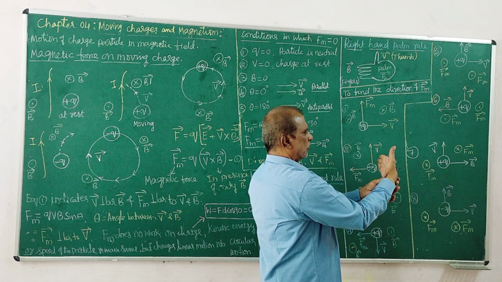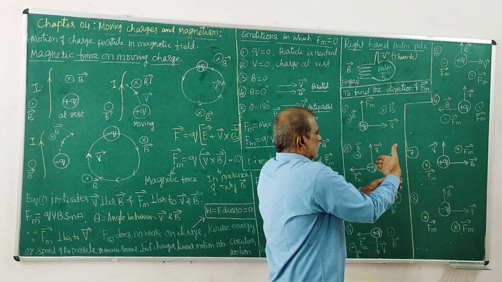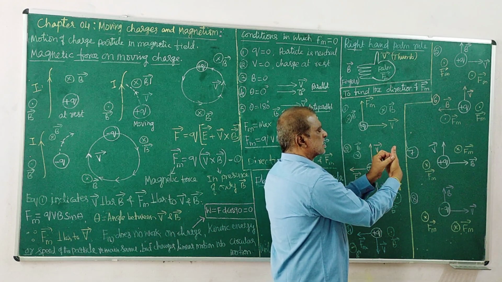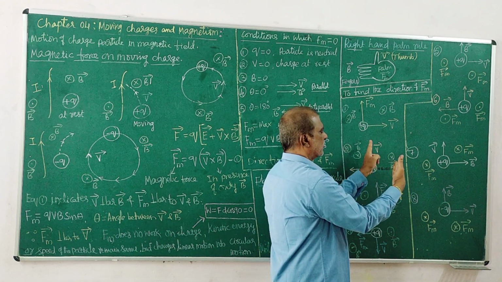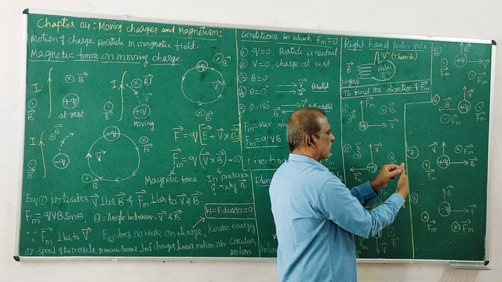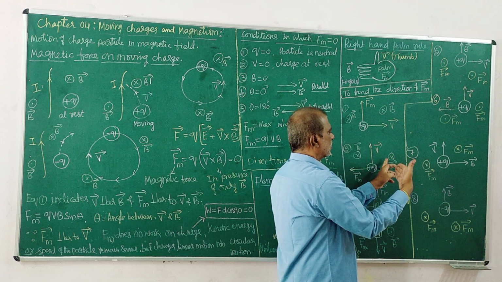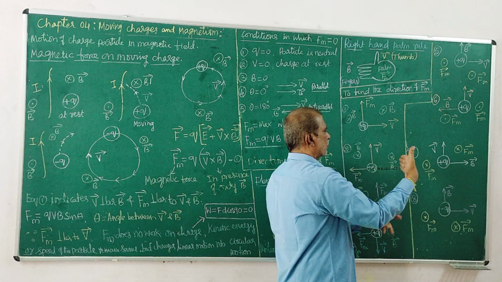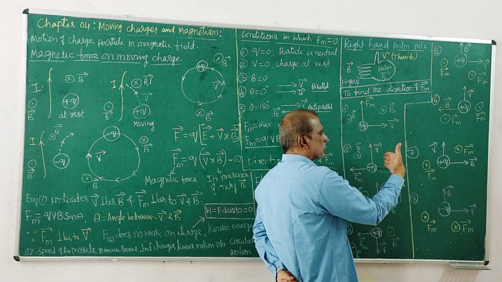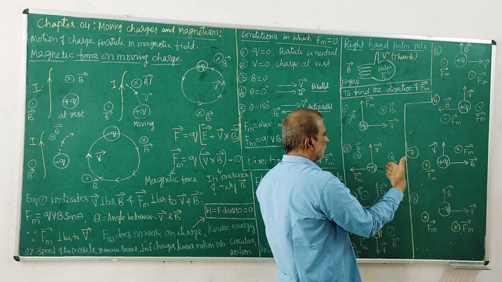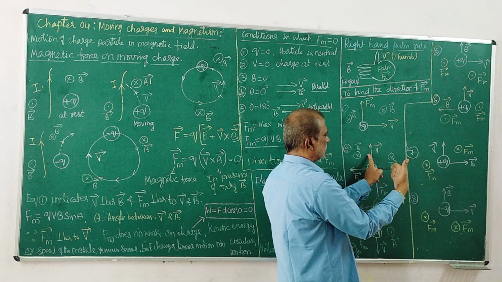So turn your hand so that this line coincides with the velocity vector, indicating the velocity vector in the same direction. This line coincides with the field vector.